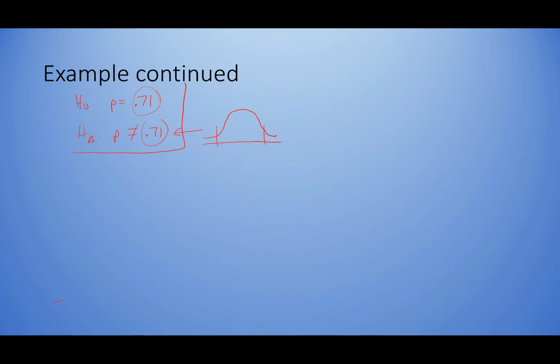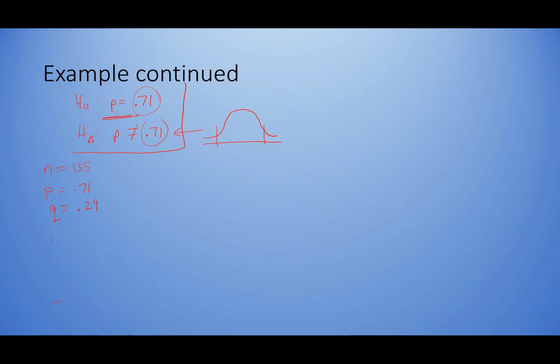Before you start doing this computation, I would recommend listing all of the things that we know in notation. So I know that my sample size, my n, was equal to 135. I know that p, from right up here in my null hypothesis, is equal to 0.71. I know that q is the complement of that, which is 0.29.